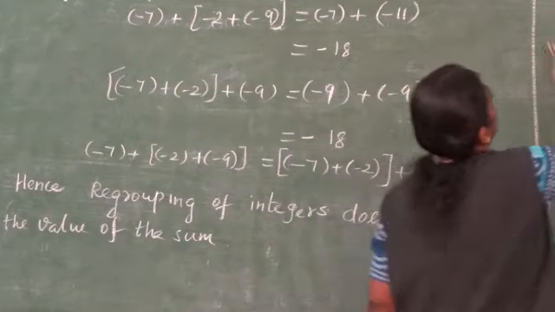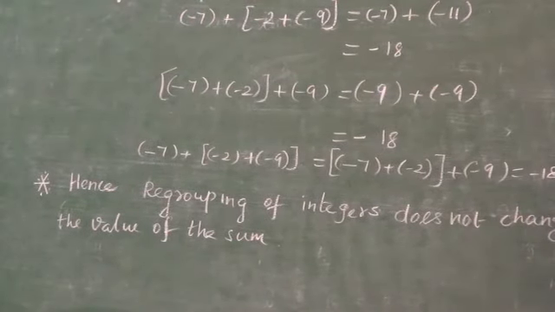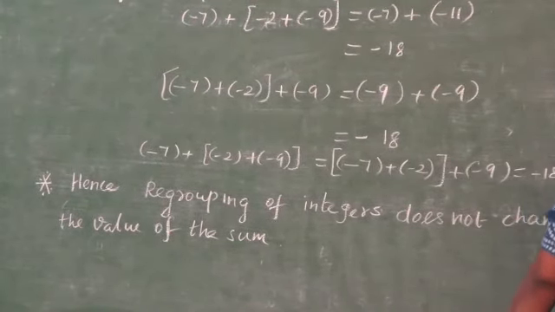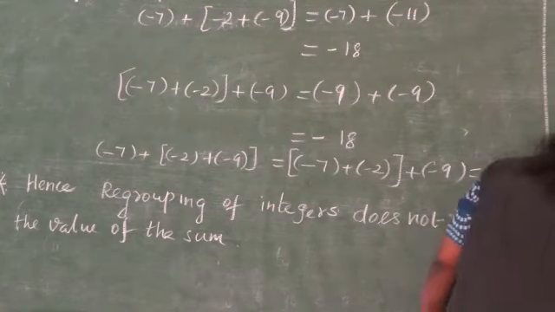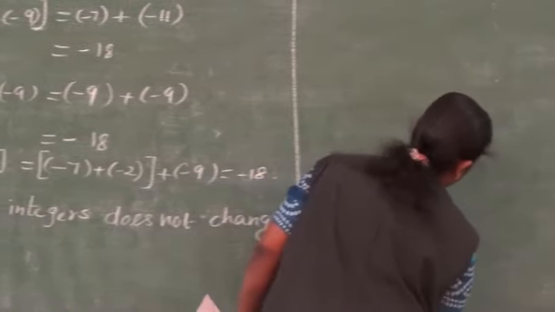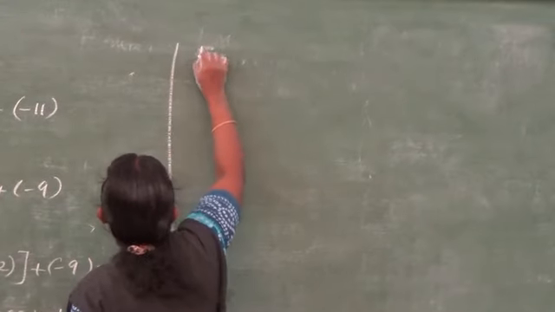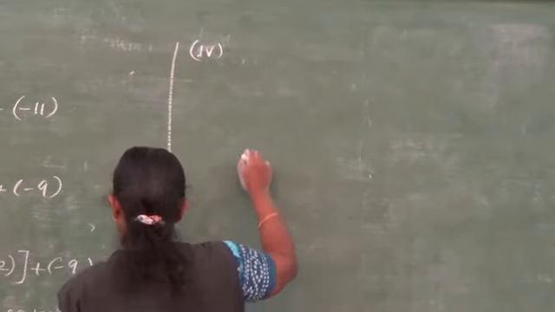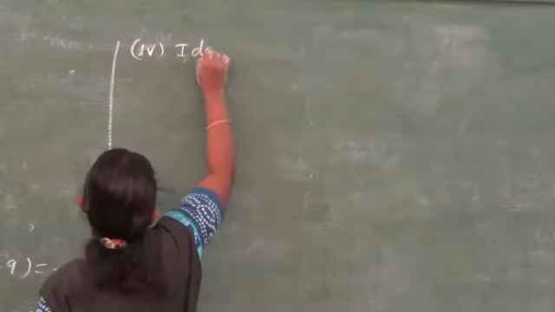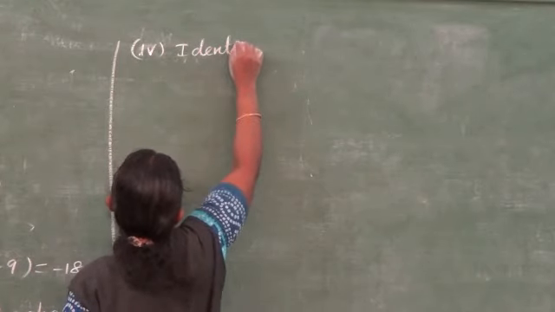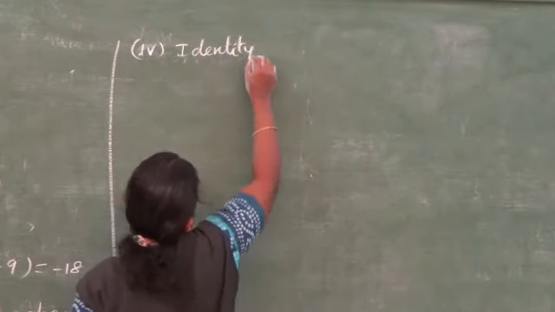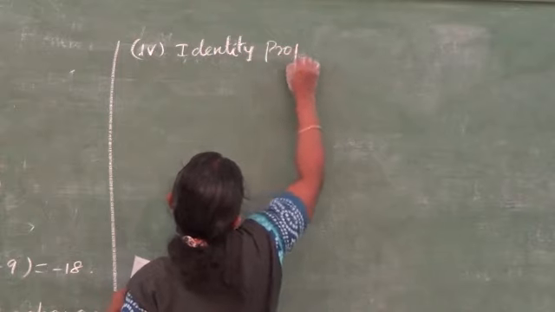Now, come to our fourth property, identity property. This is very useful for your higher studies also. So, the fourth property, identity property.